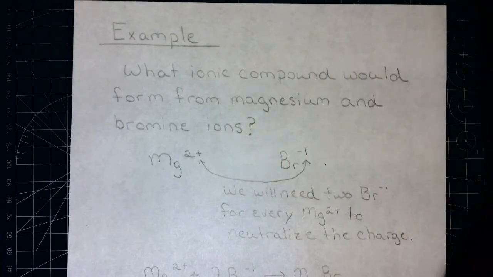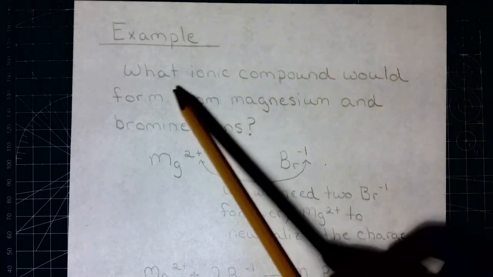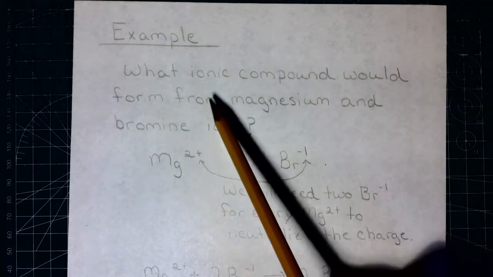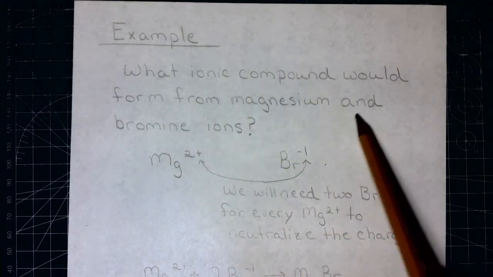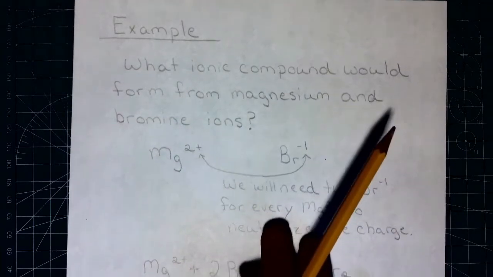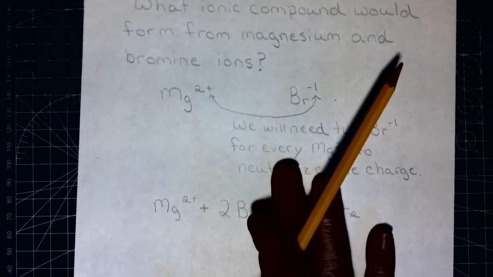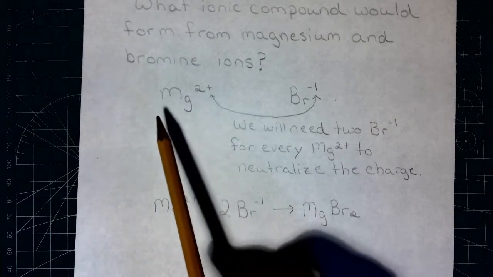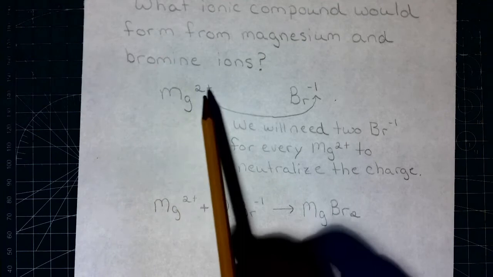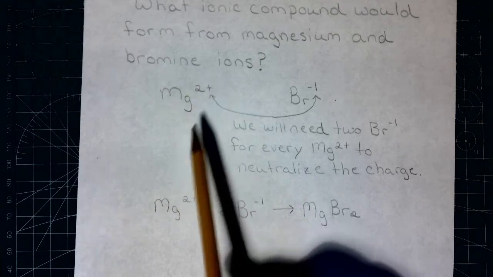Let's go over an example problem now. Our problem is, what ionic compound would form from magnesium and bromine ions? So first, we need to write down what the magnesium ion is going to be. It's going to be a cation. It's in group 2. It's going to have a 2+ charge.